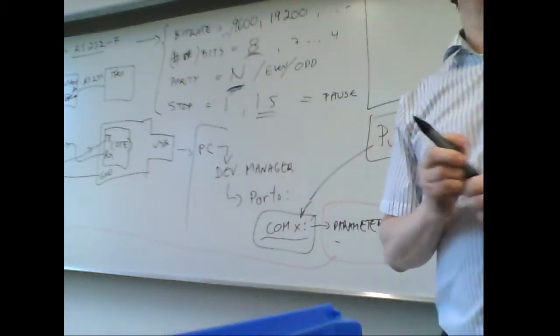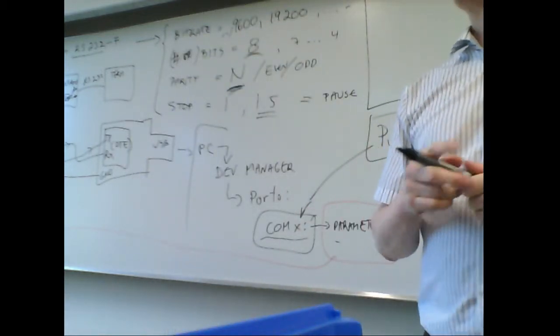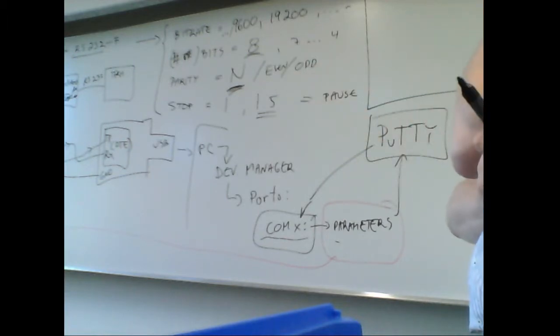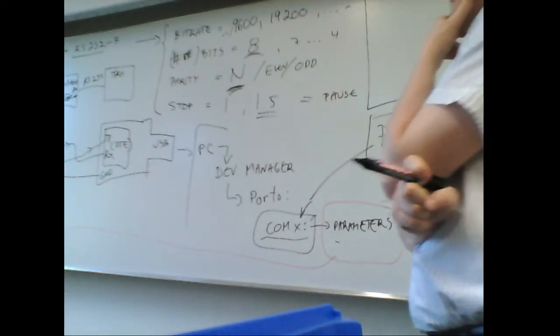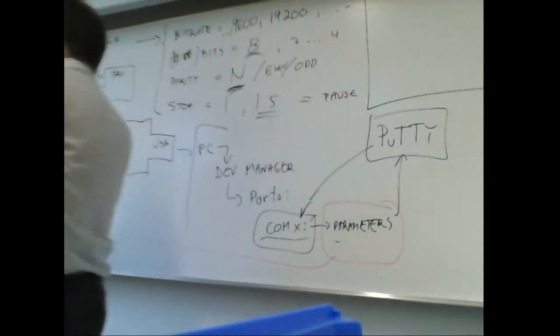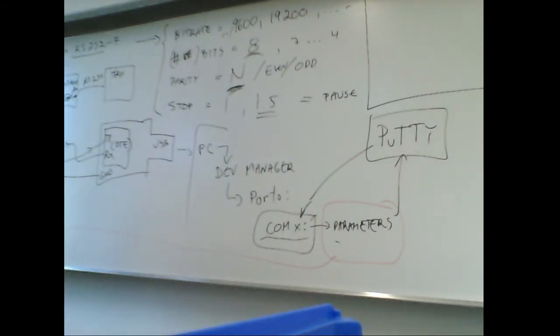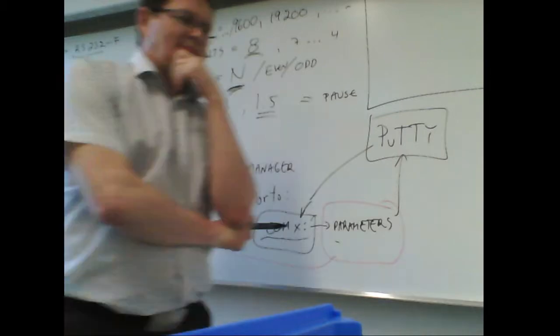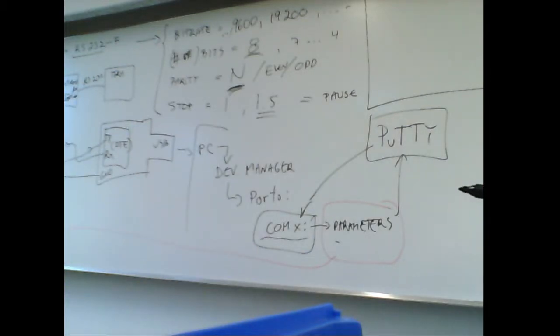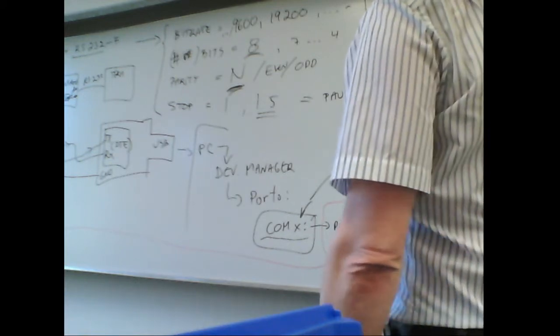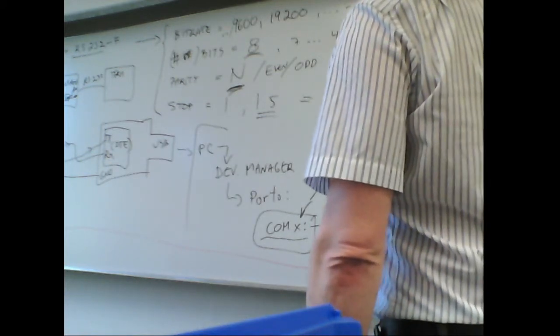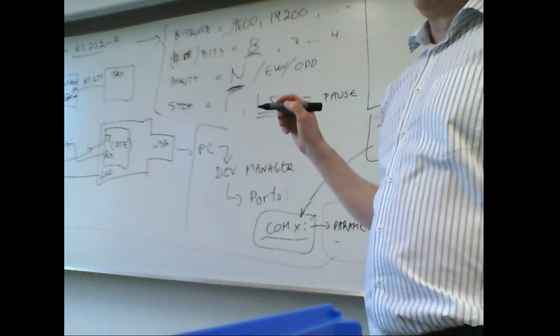Was it Philips? No, it's not Philips. Dallas has the IPRs for the one wire. But the name one wire actually comes from the fact that it uses two wires.